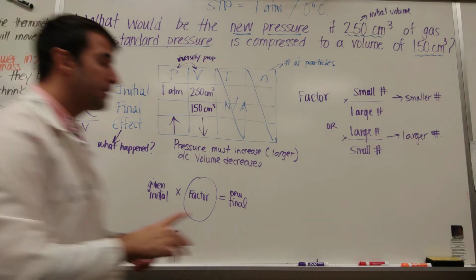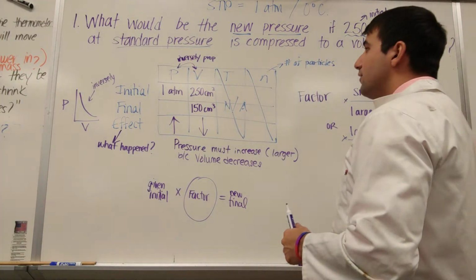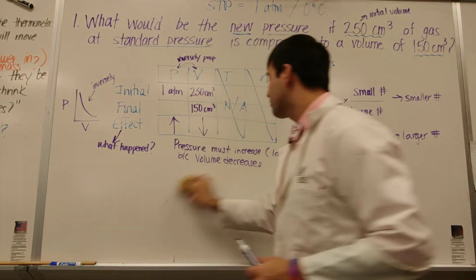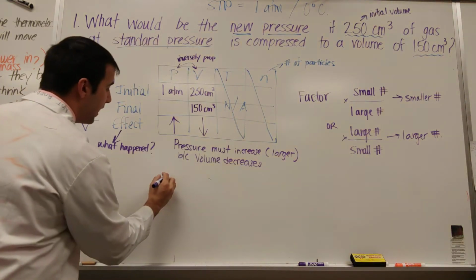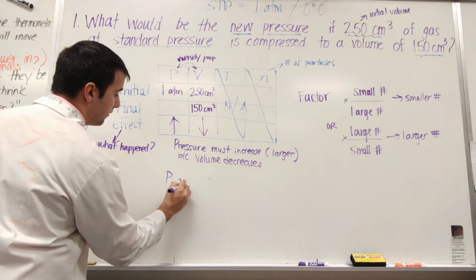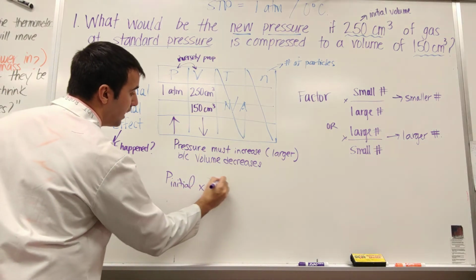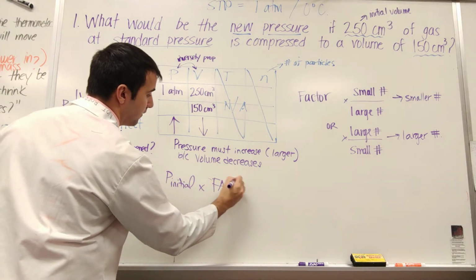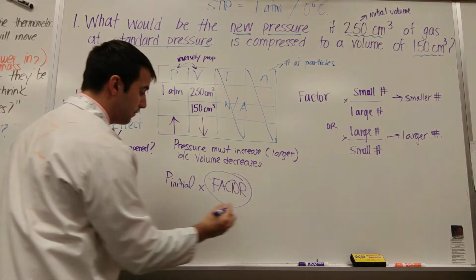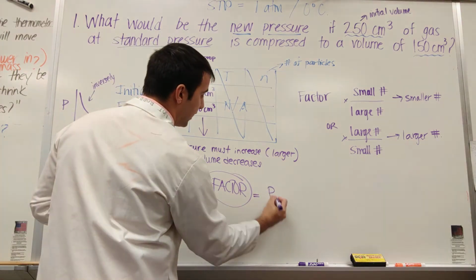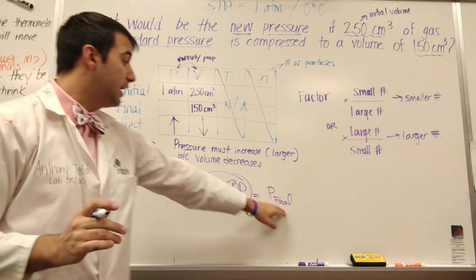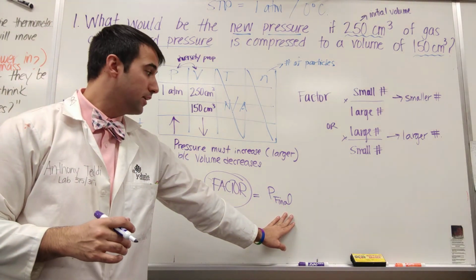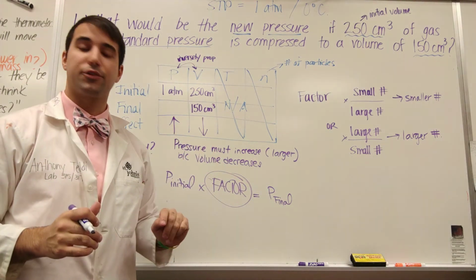So if I start setting this up, my given initial for this problem that I'm trying to find is my P. So I'm going to have my P initial times some factor, whatever it may be, and I'm going to get my P final. And the way that I could check my work is if my final pressure is higher, I did this correctly.